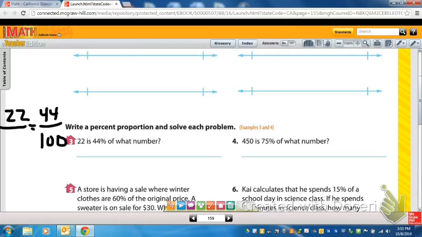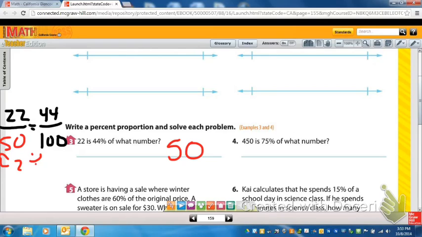So the only number that's going to... what number times 2 equals 100, and that would be 50. Or I can say 100 divided by 2 equals 50. So for number 3, the answer is 50.